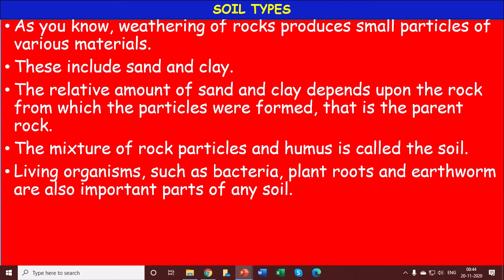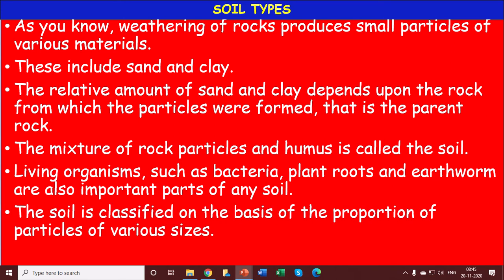These are all present in the topsoil. So the living conditions favor living organisms such as bacteria, growth of plants and earthworms. The growth of the plant depends upon the amount of humus present in the soil. Do you agree? Definitely, because humus provides fertility to the soil.